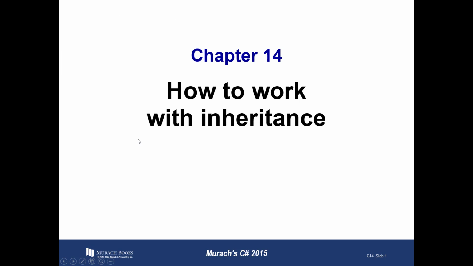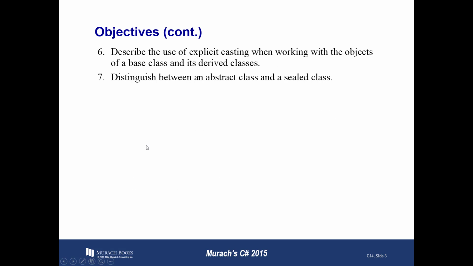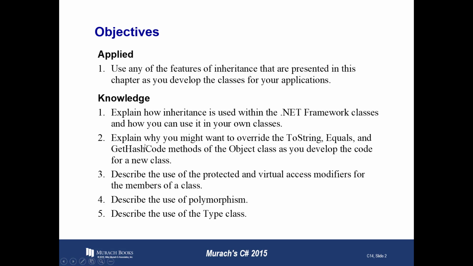And let's start there. So we've got one applied objective. Use any of the features of inheritance that are presented in this chapter as we develop our C# application. And we have 7 knowledge objectives. Explain how inheritance is used within the .NET framework classes and how we can use it to set up our own classes.